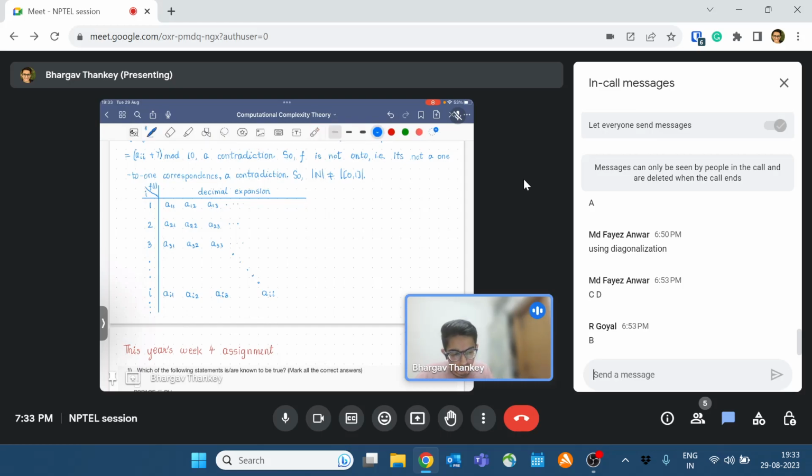Now, in the proof, what we did was the following: we used these digits to create a new number, right? So what we did was this.